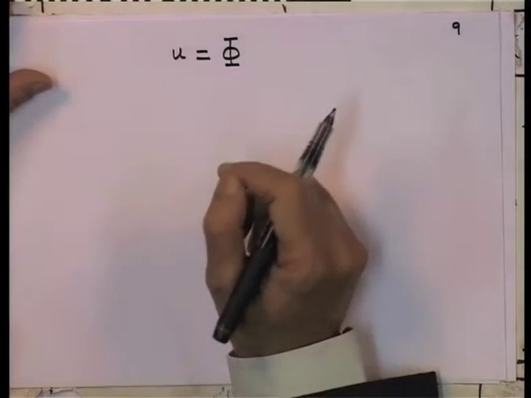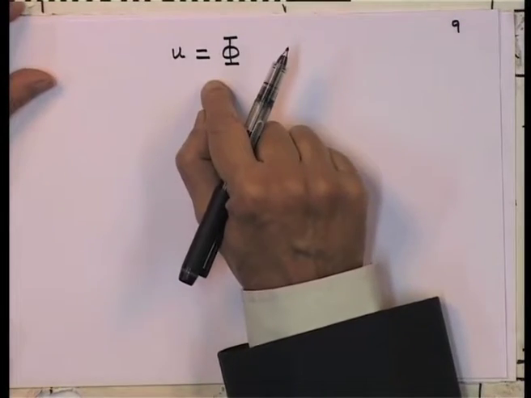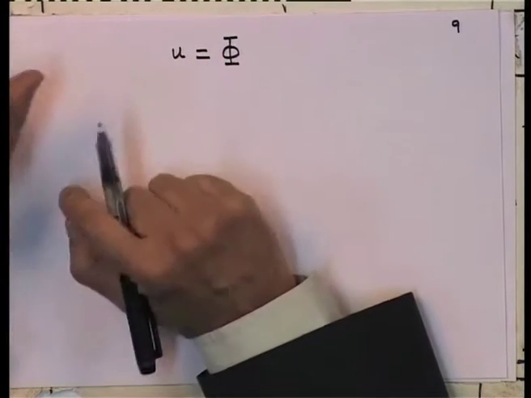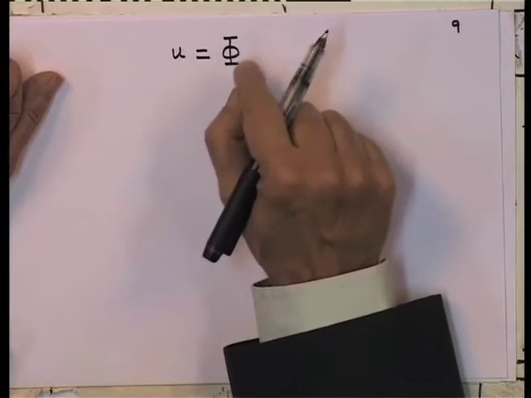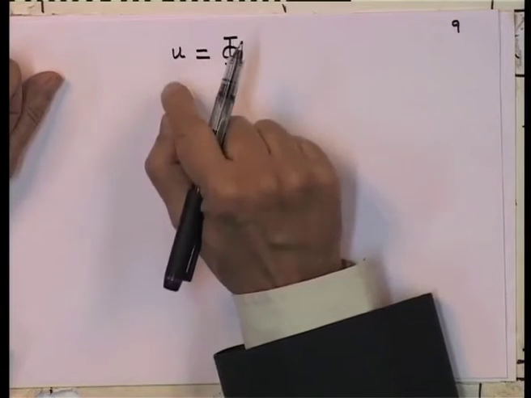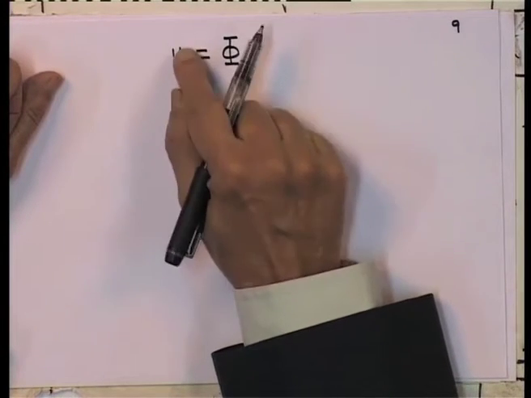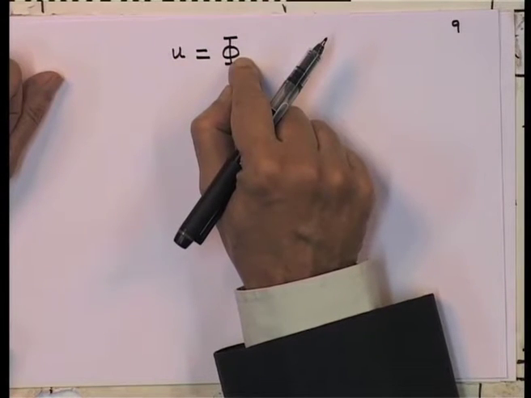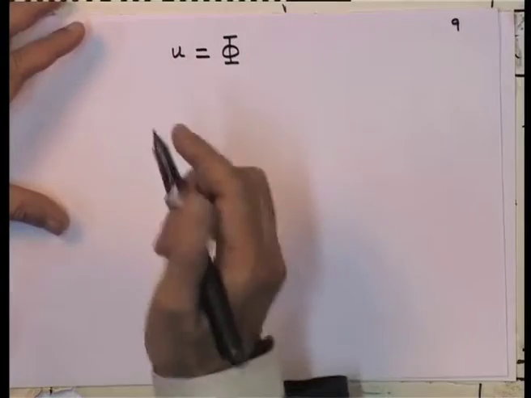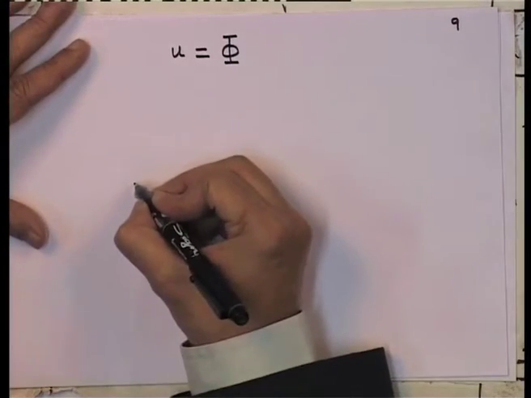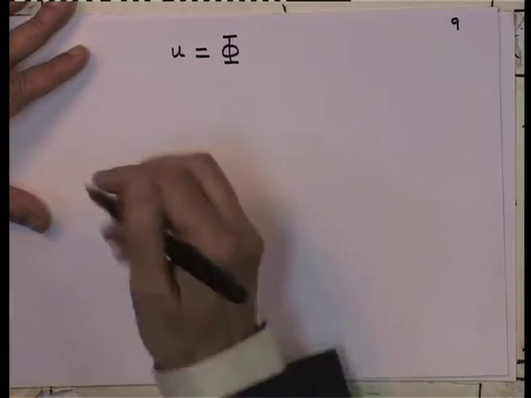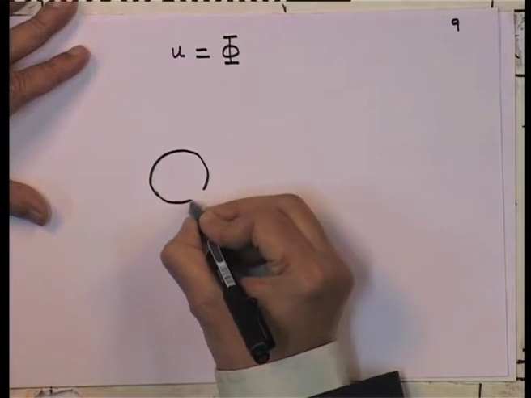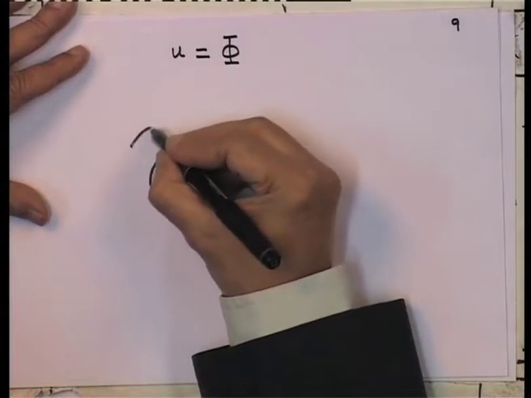Therefore, if I can solve the problem of u equal to constant, this is the same as solving the problem of phi equal to constant, that is, finding the corresponding equipotential surfaces. So, let me illustrate this with this example. I have an inner cylinder of radius A and an outer cylinder of radius B.